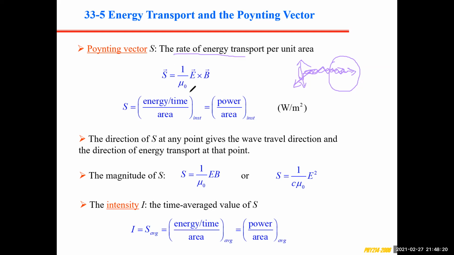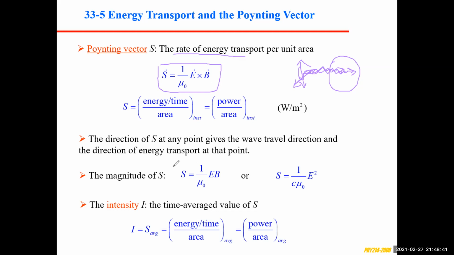So this is the definition of the Poynting vector, the rate of energy transport per unit area. We can evaluate E cross B. Now we know that E and B are perpendicular to each other, so E cross B just gives you EB sine of 90 degrees, and sine of 90 degrees, of course, gives you 1.